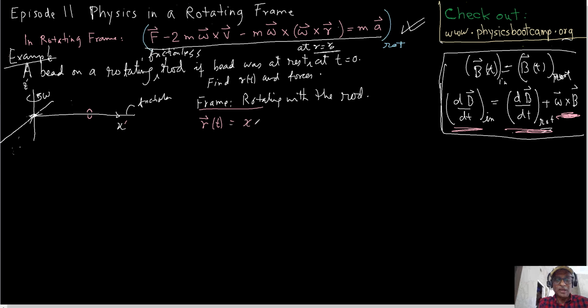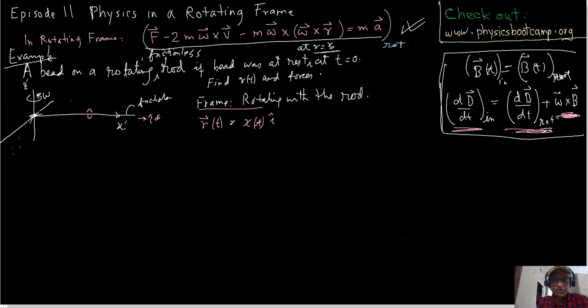This is going to be just x of t, and that's my i hat, which is the prime i hat. Nothing else. x can be wherever on the rod. If the rod is finite, then it can only be up to whatever the ends of the rod are.